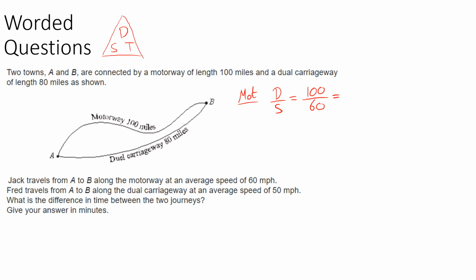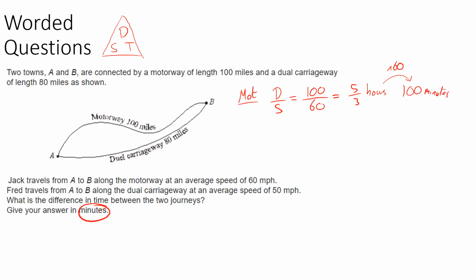Now we can simplify that a little bit and we can get this 5/3 hours, or we could put it as a mixed number, 1 2/3 hours. But we're talking about minutes in the question, so we do need to think about actually converting it. And rather than converting it now into hours and minutes, let's just convert it into minutes in total. We know that there are 60 minutes in an hour, so let's just times this by 60, and we'll get that this is overall 100 minutes to do this journey.